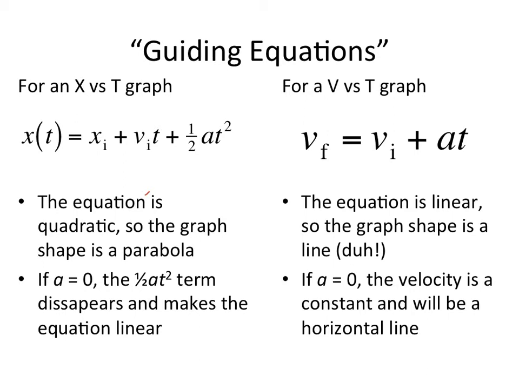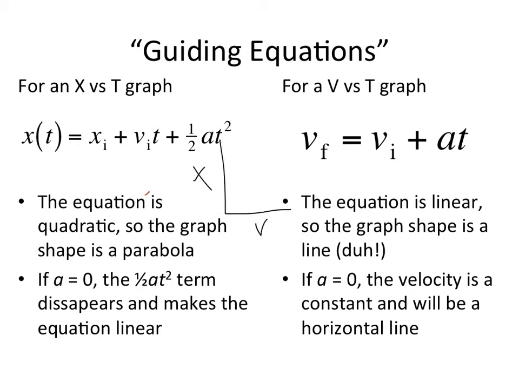Now this is a quadratic equation, which means you might need to use the quadratic formula if you're solving for time right there. But it also means that you could have a parabola, right?